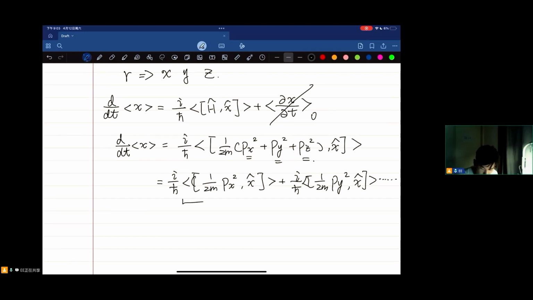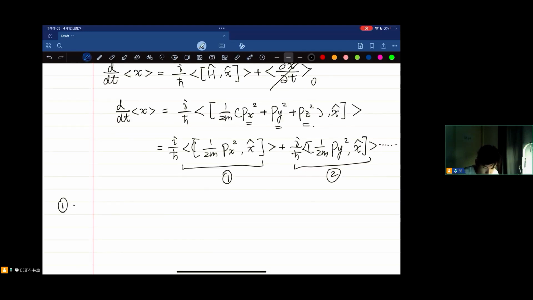Let's look at these terms, which I will number 1, 2. Let's look at 1 first. First, I can extract the constant 1 over 2m and move it outside so that we have this term.